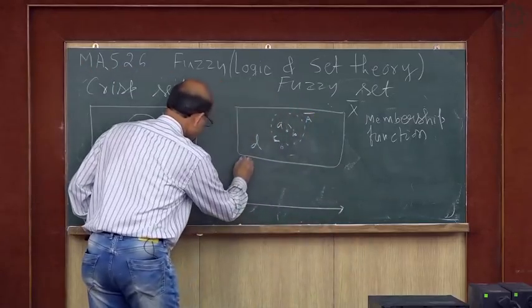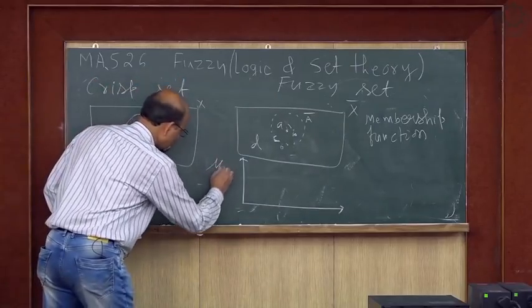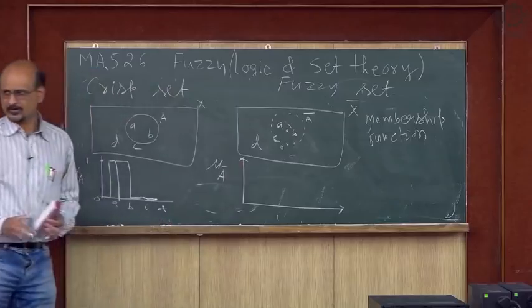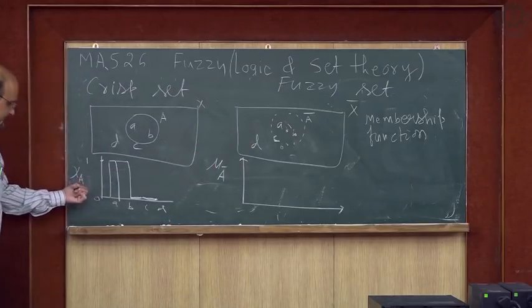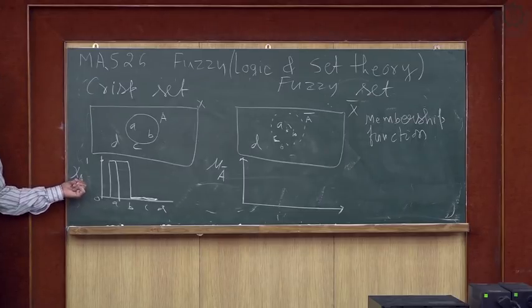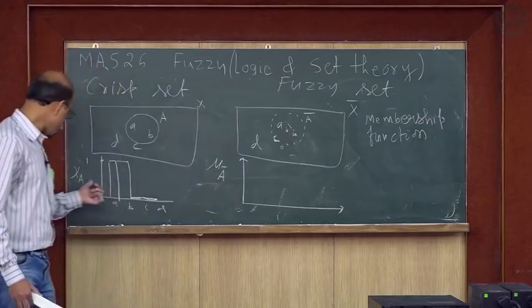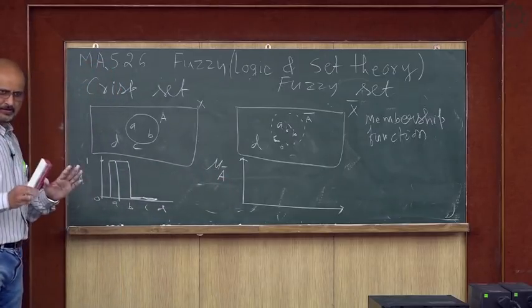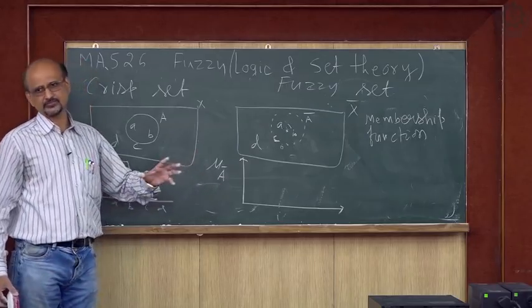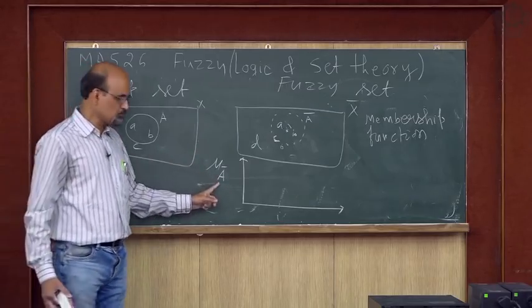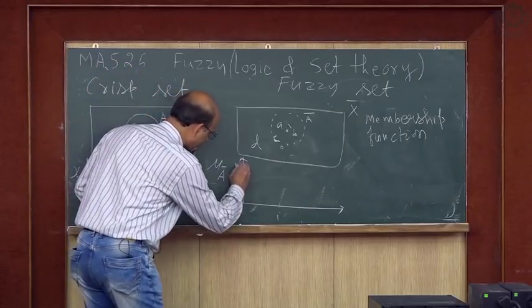Now, come to here. This is chi A; here I will now write mu A bar, just to distinguish crisp from fuzzy. Remember, in crisp the characteristic function is defined by chi; here the membership function is defined by mu. A crisp set I write as A in this class, for our notation, and A bar is your fuzzy set. So mu A bar will vary from 0 to 1 and it can take any value.